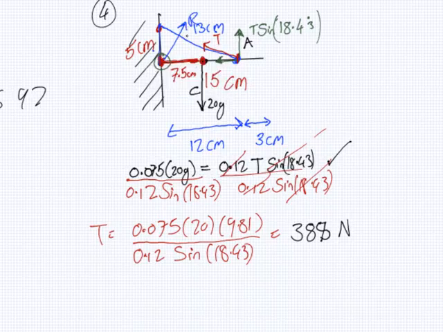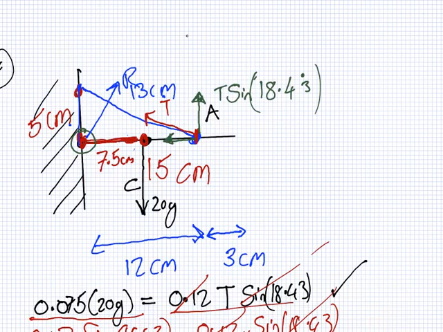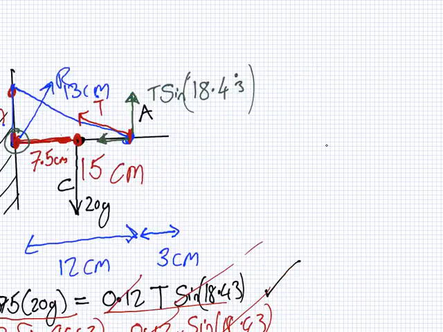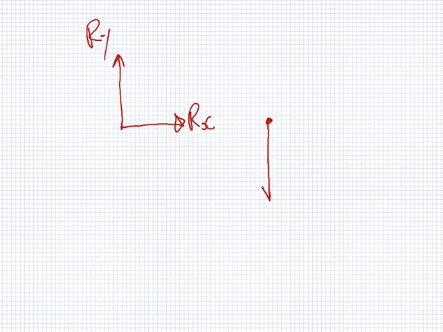If I just draw it again, let me zoom in. If we look at the R, it has a horizontal and a vertical. So can I redraw this here at the side? We have R x, and here we have R y. Going down we have a weight, 20g.